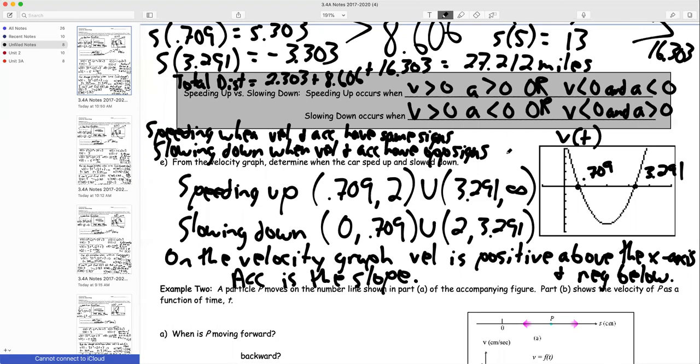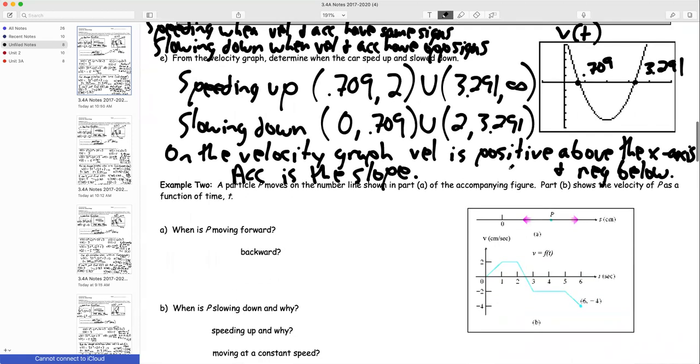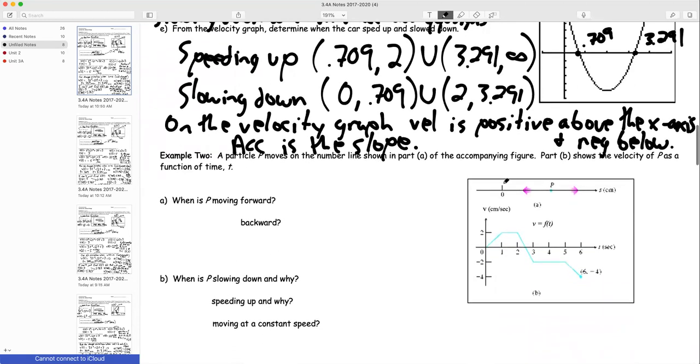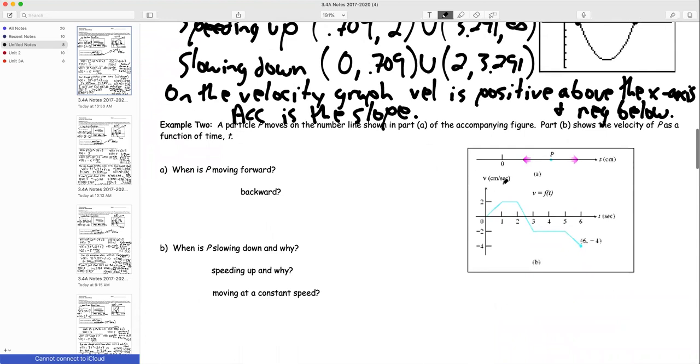So the last thing for today that we're going to look at here is this example. A particle P moves on the number line shown in part A of the accompanying figure. Part B shows the velocity of P as a function of time t. So this is my velocity equation. When is P moving forward? It's going to be moving forward whenever my velocity is positive.